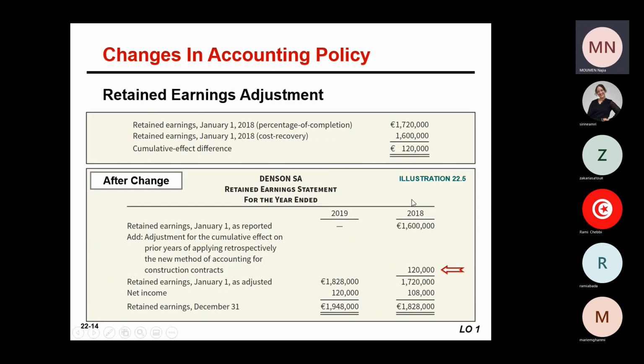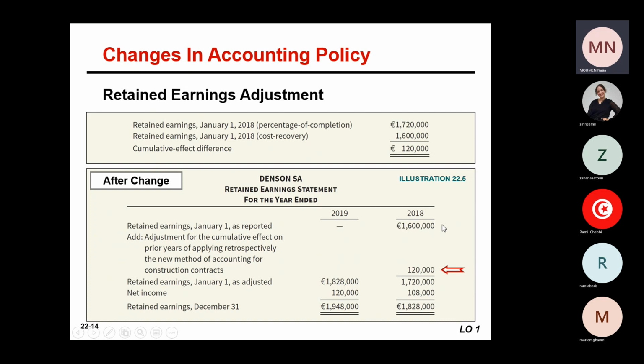So to be able to provide the correct beginning balance for 2019, we have to proceed with the adjustment, okay? The retained earnings as of January 1st, as reported here in 2018, was 1,600,000. We have to add the adjustment for the cumulative effect on prior periods of applying the retrospective approach to the new method of accounting for construction contracts.